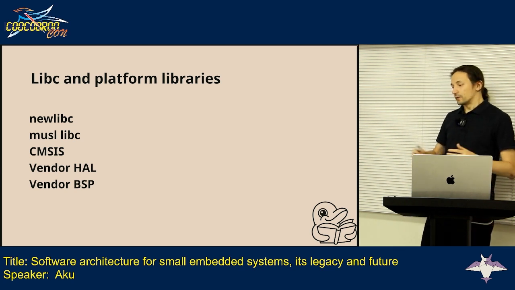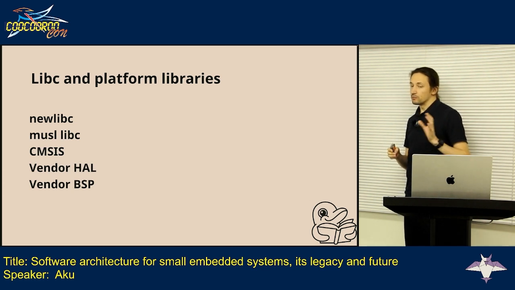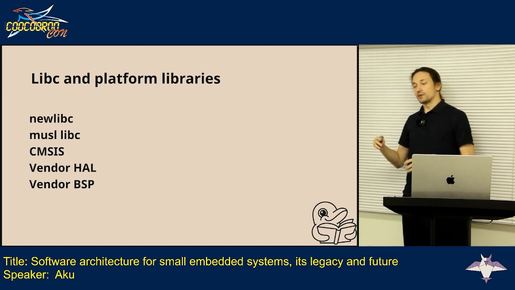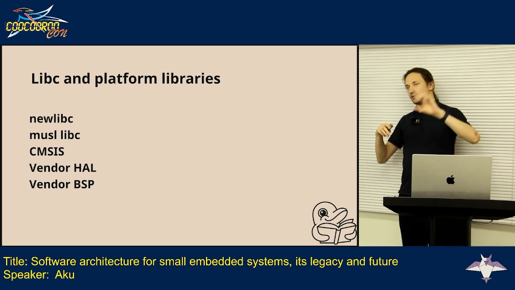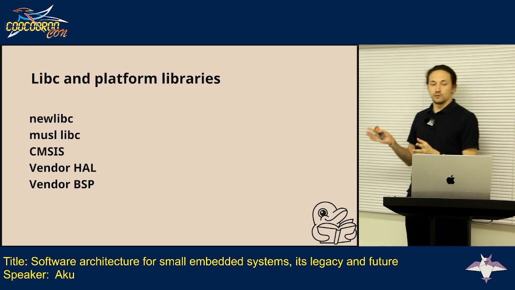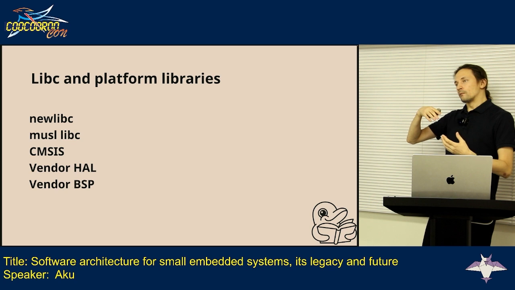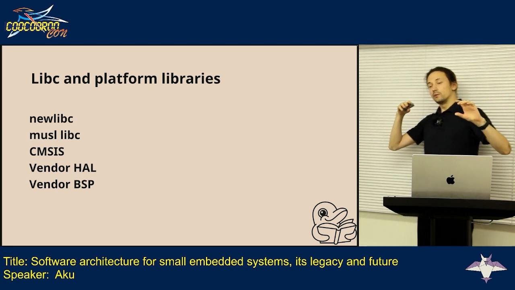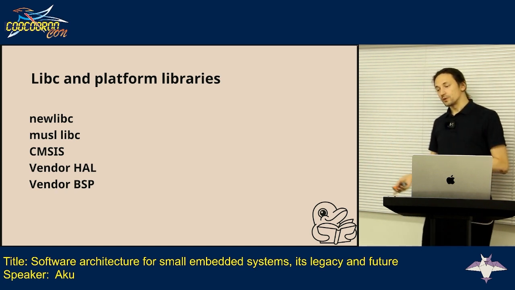And then on top of the CPU package, usually each vendor that designs some kind of microcontrollers or big CPUs adds an additional set of headers that use the first one as a base, and then explains where exactly additional peripheral blocks are mapped in this microcontroller. And they also give you the vendor HAL. So for each block defined in CMSIS, we can also add an additional set of methods for how to control this block, how to start it, how to stop it.